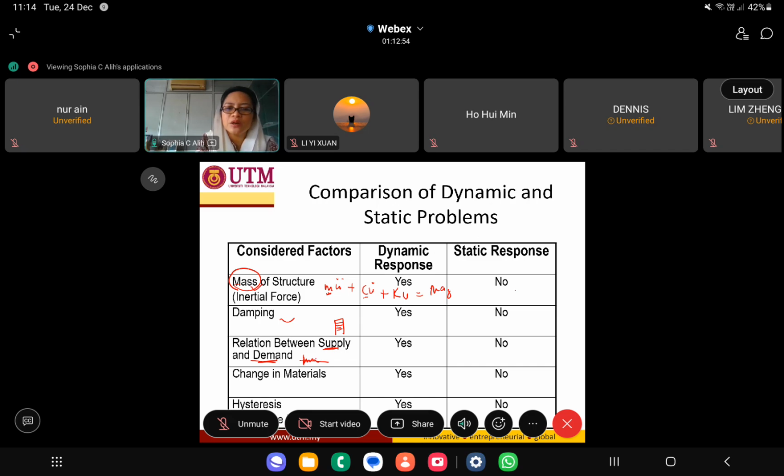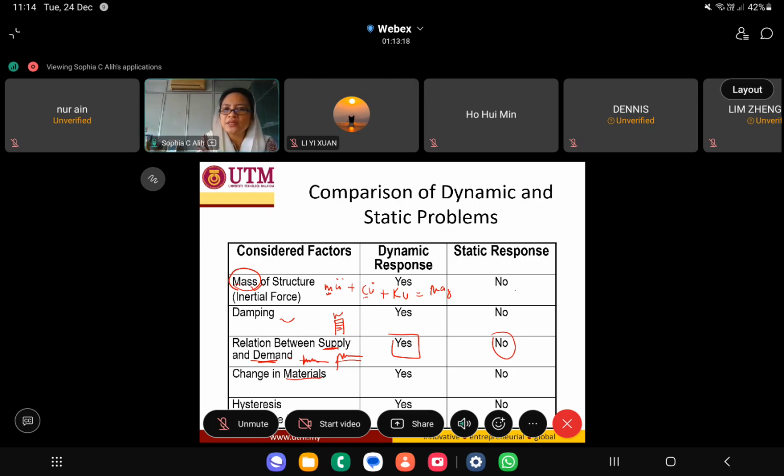If you have this type of earthquake, or wind loading like this, how much is the demand? This relationship matters for dynamics. But when you do your static response, you don't check on this. You just check how much is the W and how much is the capacity that I can give.